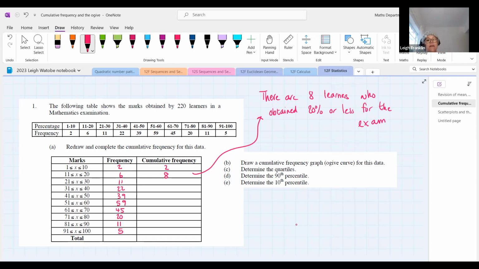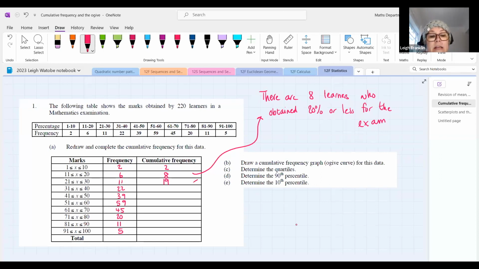Now to get the next cumulative frequency, I've got to add the 8 and the 11 together. So this would give me 19. What does the 19 mean? It means there are 19 learners who obtained 30% or less for the exam. Does that make sense to everybody?